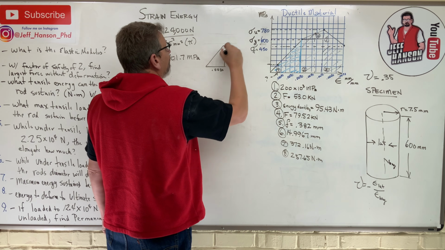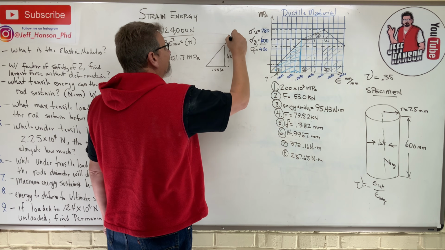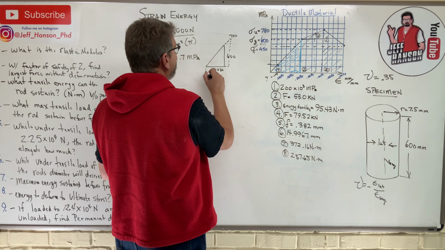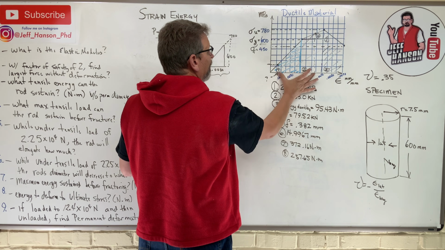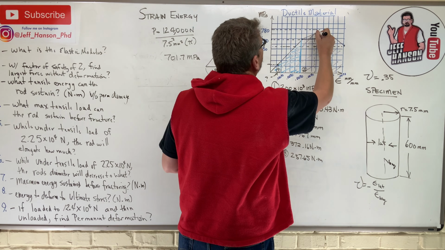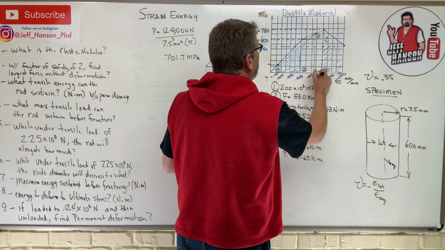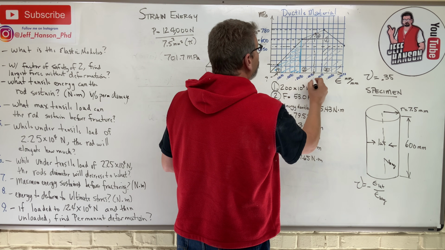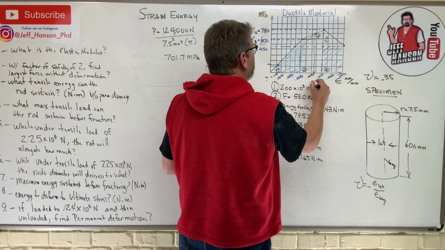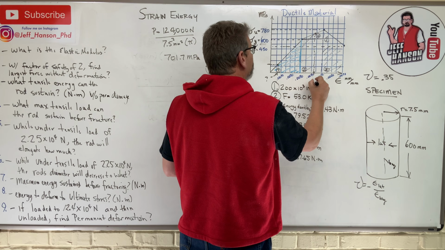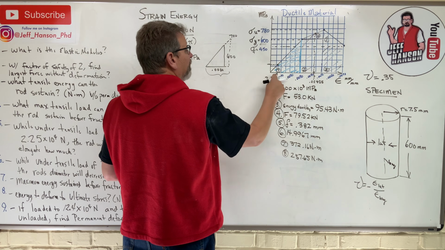And then this other triangle over the top of it goes all the way up to 700. Then I could calculate what this distance is down here. If I come down from this point, it looks like right in the middle of this box, so I'm going to say that is 0.00425.